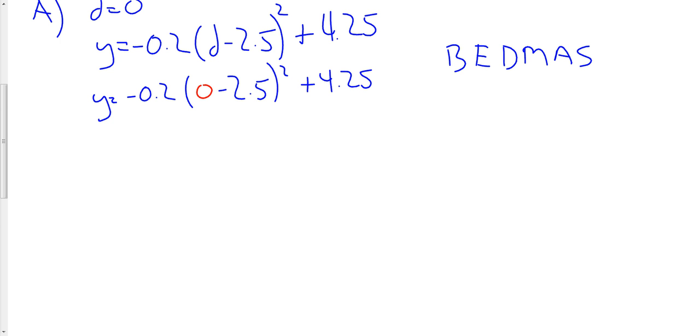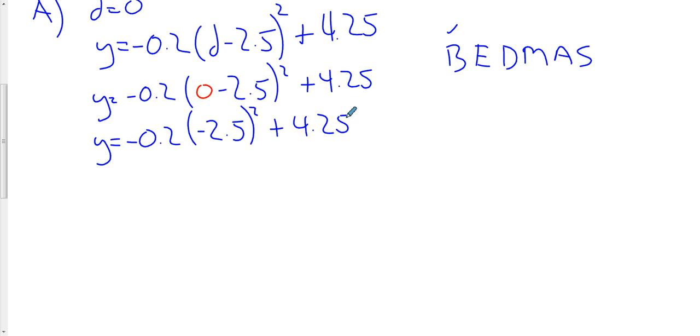We're going to deal with the bracket piece first. So we've got y is equal to negative 0.2 times, in this case, 2.5 squared plus 4.25. So our 0 minus 2.5 just leaves us with 2.5.